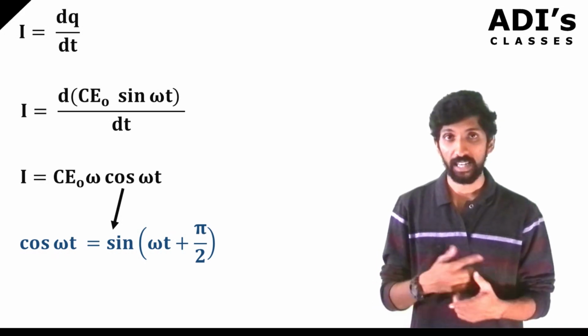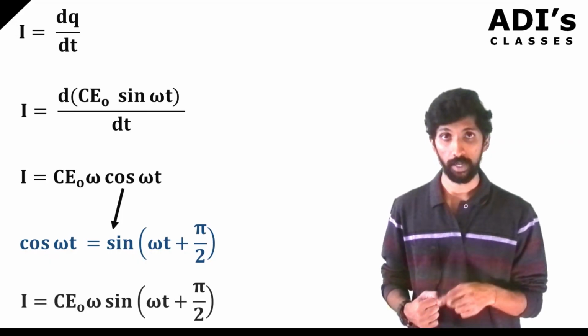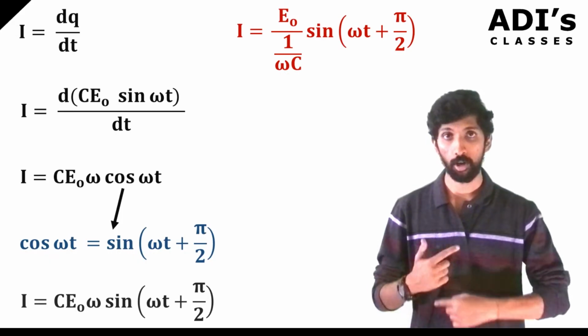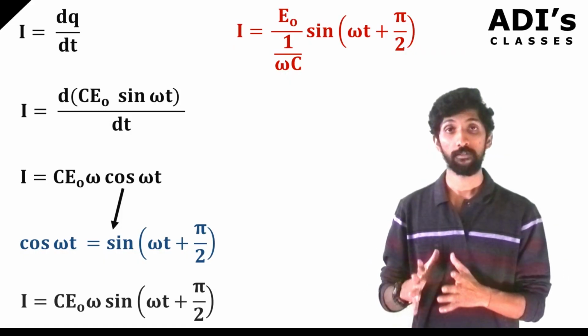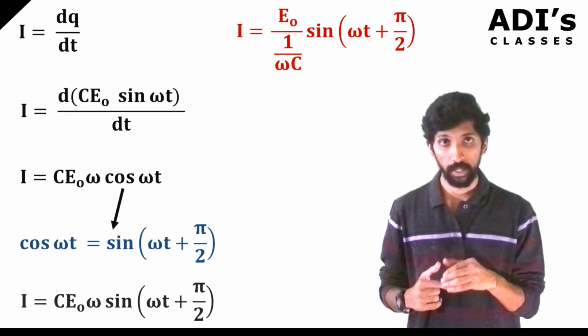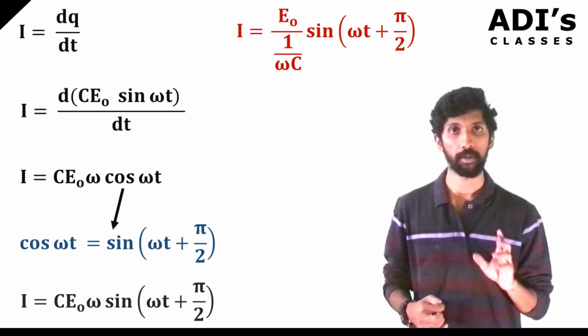So we rewrite the RHS as E₀ divided by 1/ωC, because the denominator of the denominator goes to the numerator. So we have I = E₀/(1/ωC) × sin(ωt + π/2).